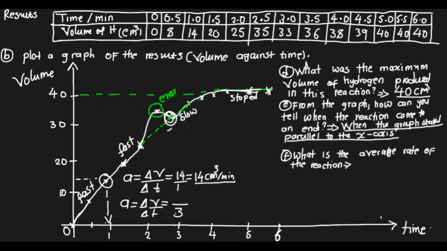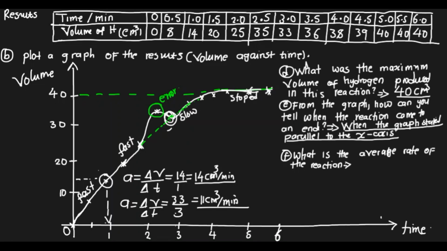Then the volume here is 33. If we divide 33 by 3, we get 11. So 11 cubic centimeters per minute.